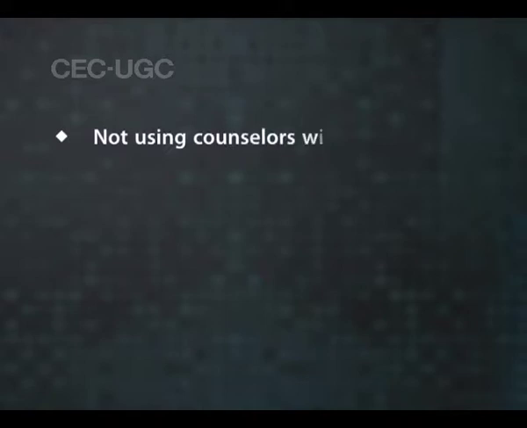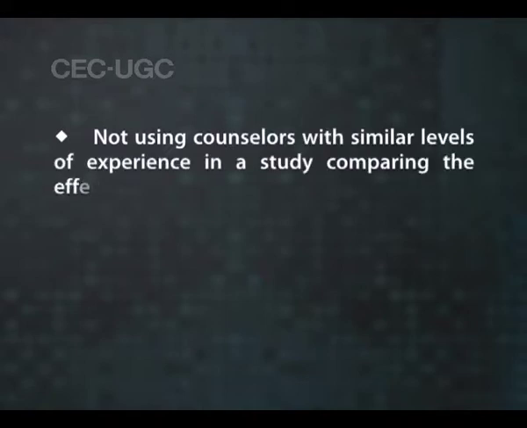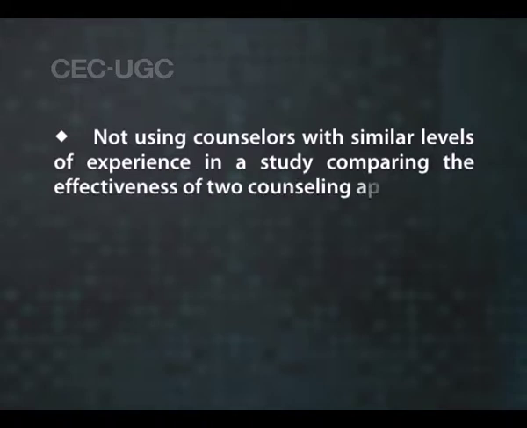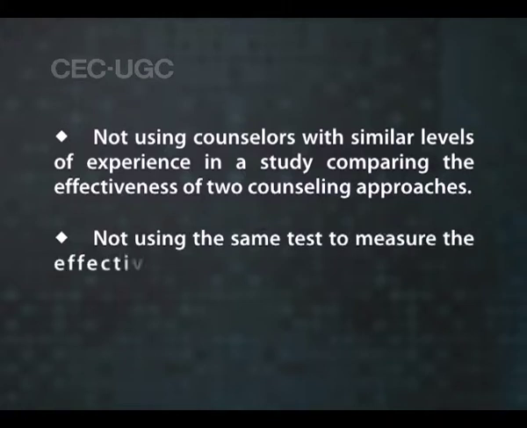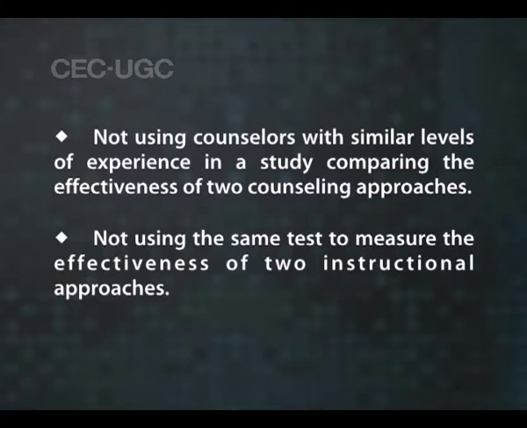Example, not using counselors with similar levels of experience in a study comparing the effectiveness of two counseling approaches. Not using the same test to measure the effectiveness of two instructional approaches.